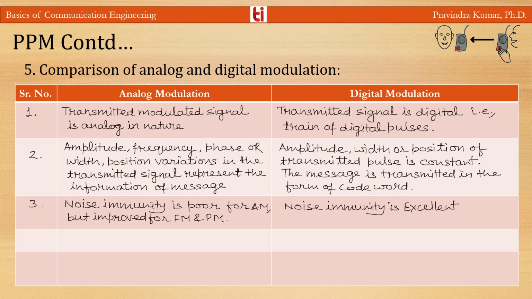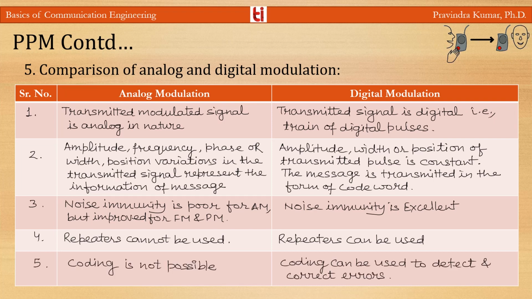But in digital modulation, the amplitude, width or position of the transmitted pulse is constant. The message is transmitted in the form of code words. In analog modulation, noise immunity is poor for AM but improves for FM and PM. In digital modulation, noise immunity is excellent.